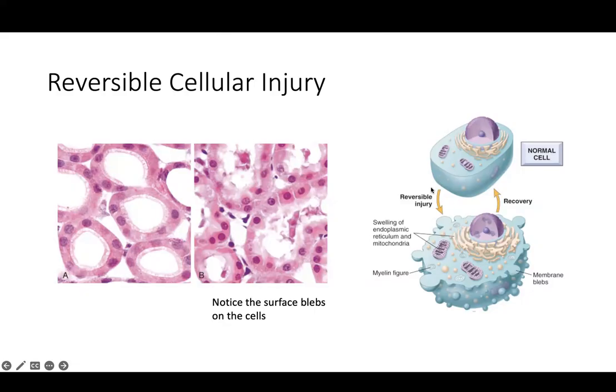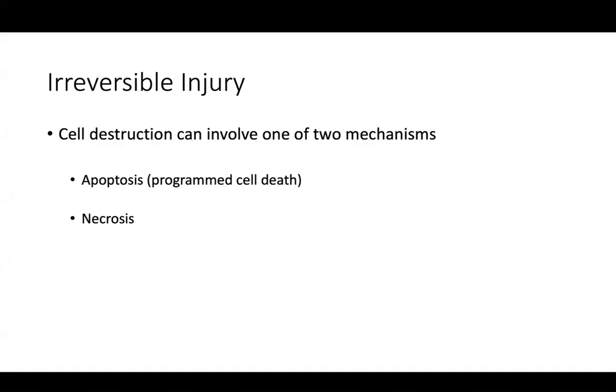Eventually, if the agent that's causing the injury is removed, the cell can recover and go back to normal. The mechanism by which it goes back to normal is not something that we're going to chat about, but it can go back to normal. The next two types of injury are irreversible injuries.